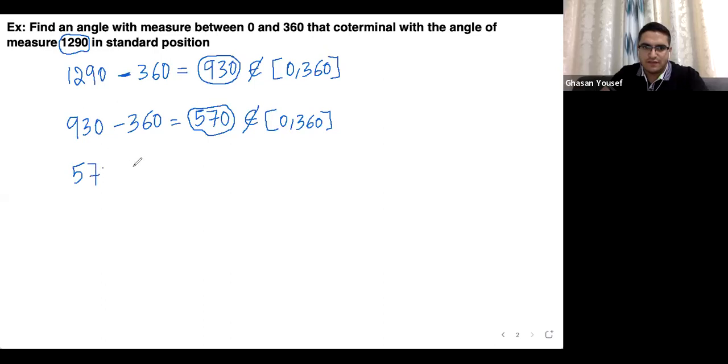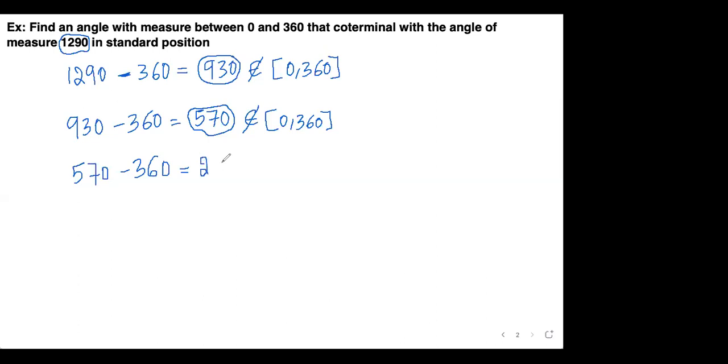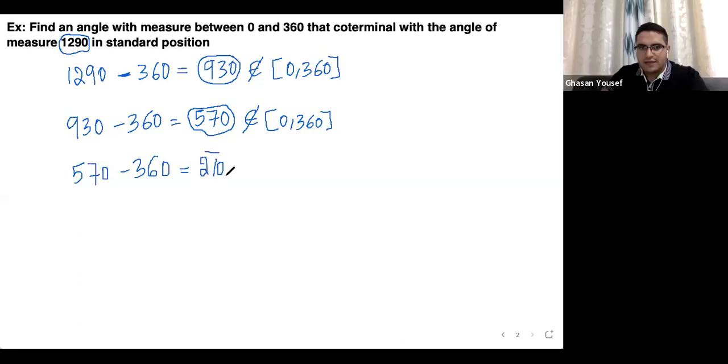570 minus 360. What's the answer? 210. This angle again is coterminal to 1290, and coterminal to 570 and to 930.